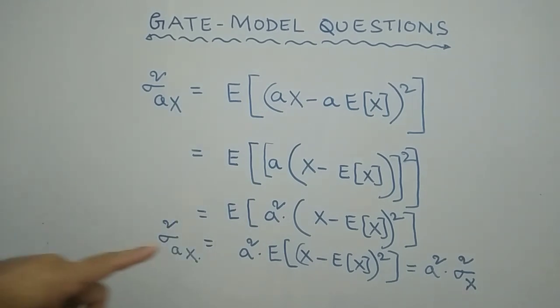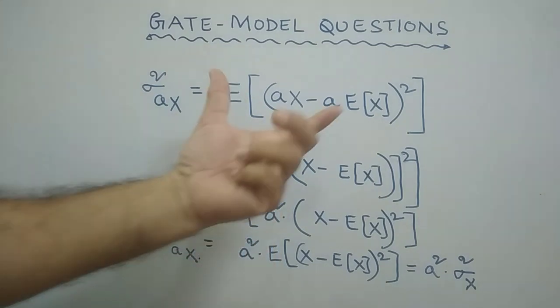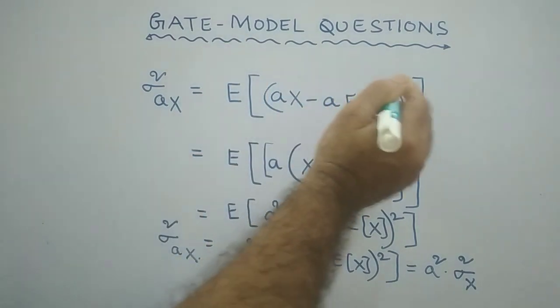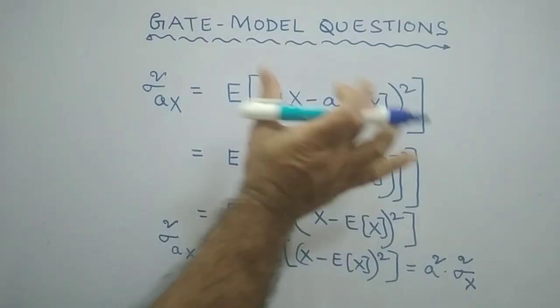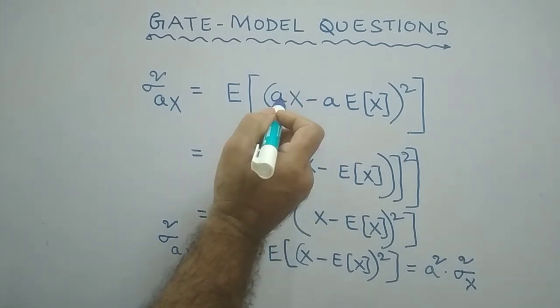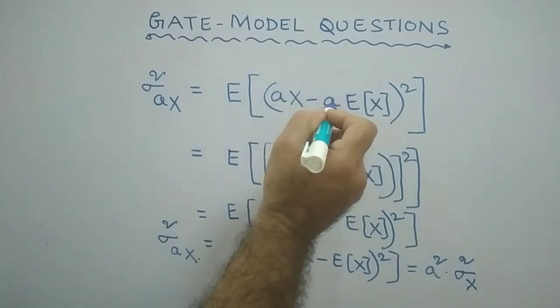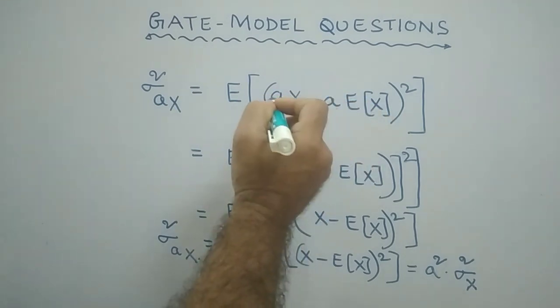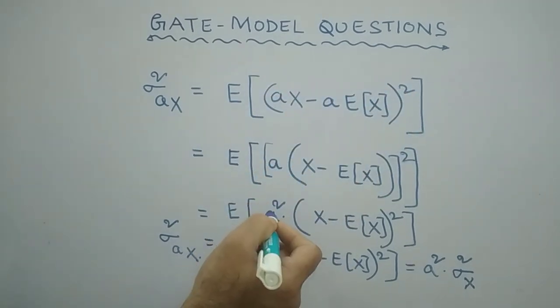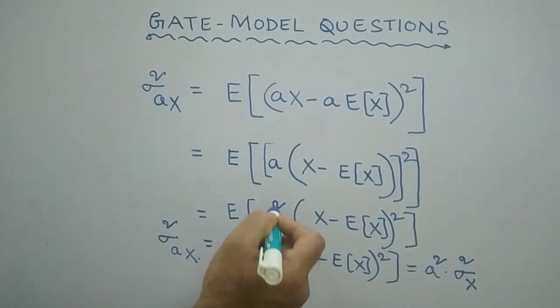Understood? The square is there for the entire term. Therefore, if you take a as common in the first term as well as in the second term, you can take a square as common.